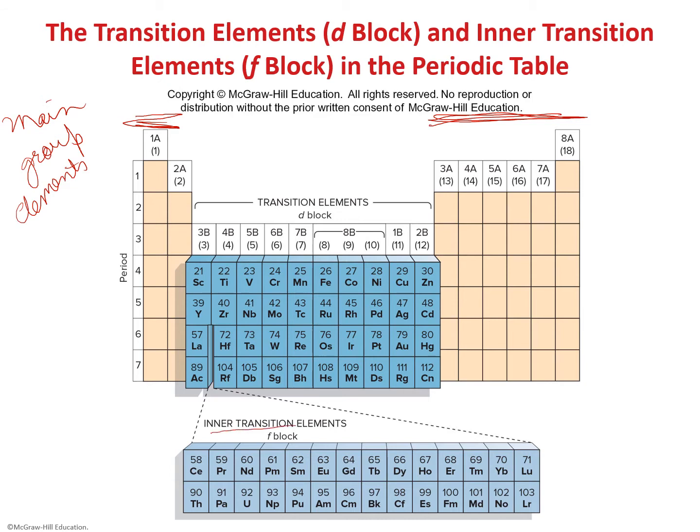So this is the transition elements or transition metals, and the rest everything is the main group elements, right? Now what you see up on top are called the group numbers. The columns that we see are called the groups in a periodic table, and the rows are called the periods in a periodic table, correct?